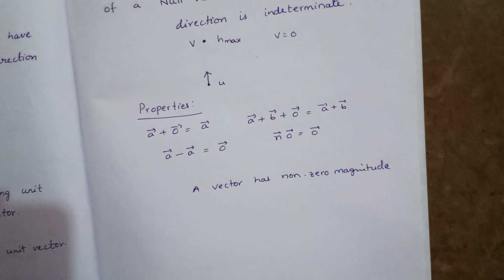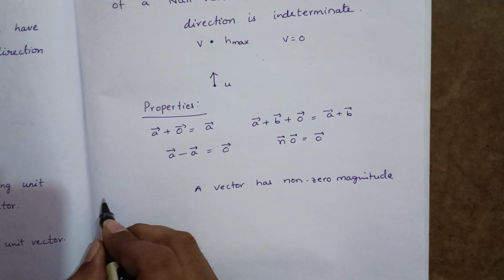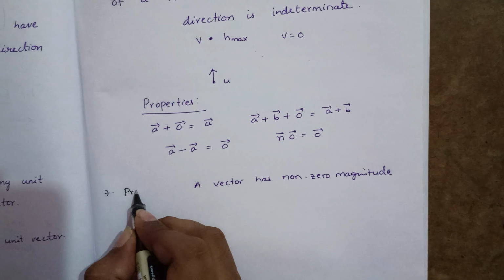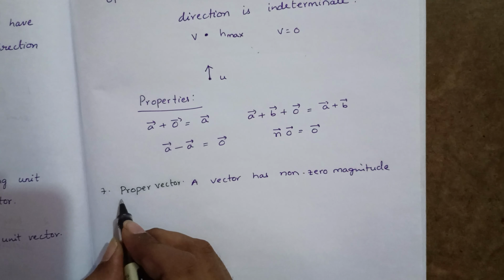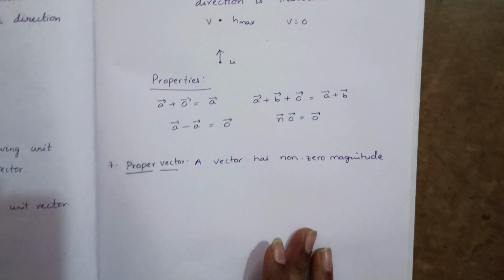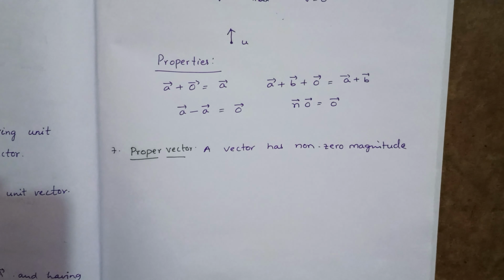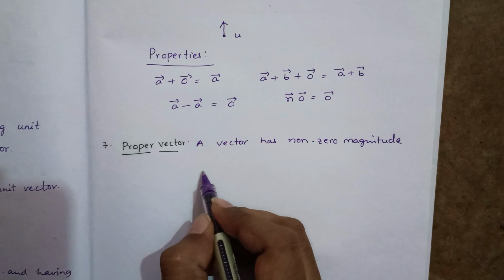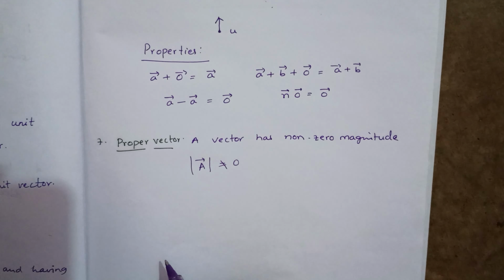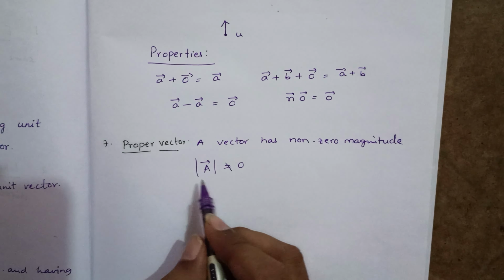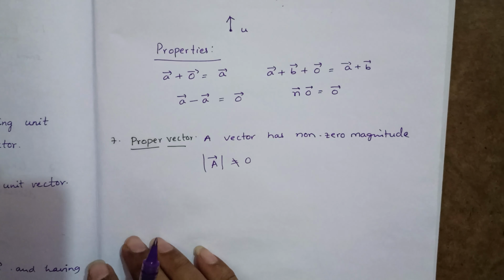If a vector has non-zero magnitude, then it is a proper vector. Some magnitude is there that is not equal to 0. So we can write, for example, for a vector A, its magnitude is not equal to 0, then this vector A bar is a proper vector.